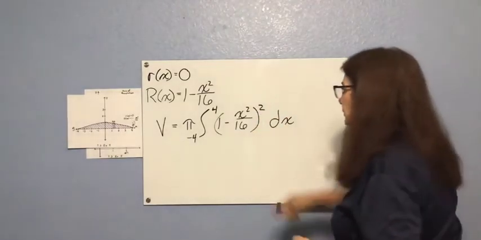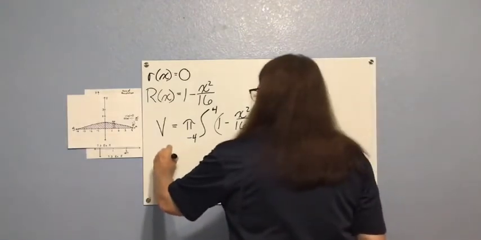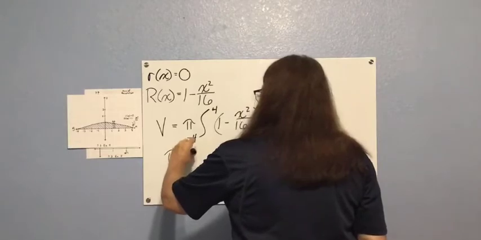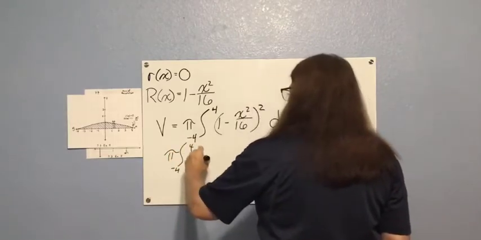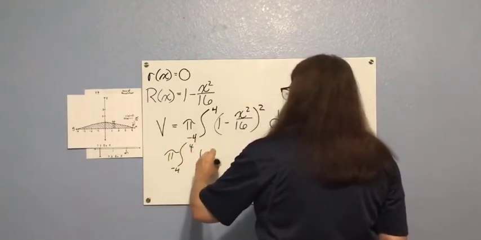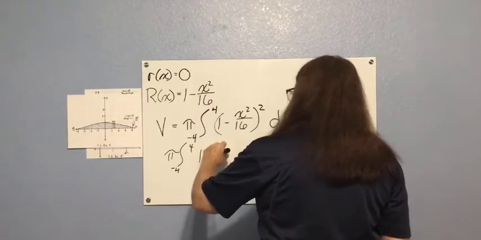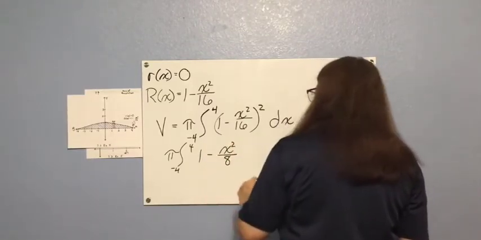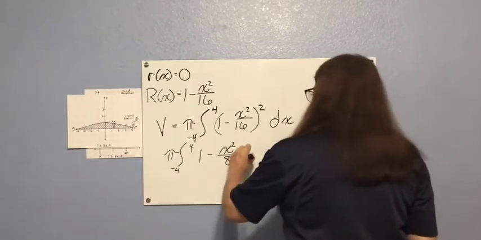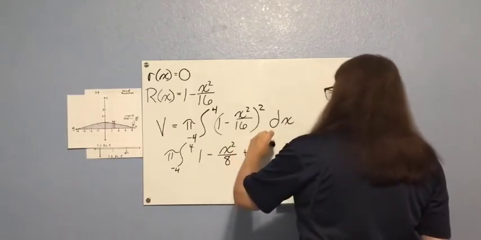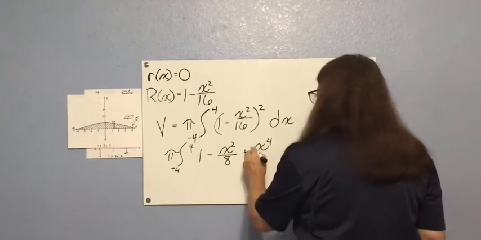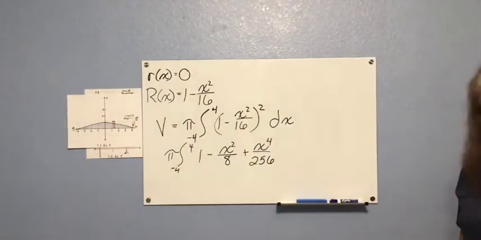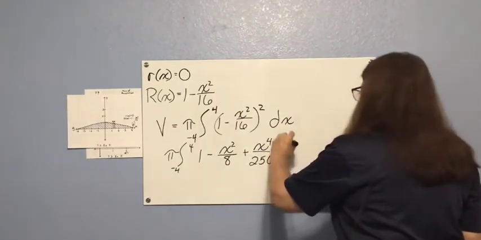Okay, now I need to multiply this out. And that gives me 1 minus x squared over 8 plus x to the 4th over 256 dx.